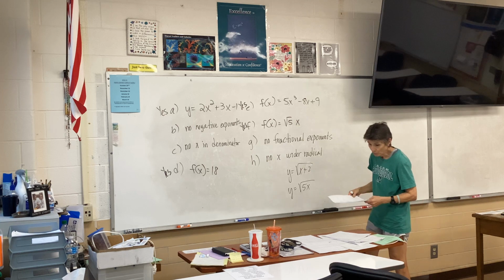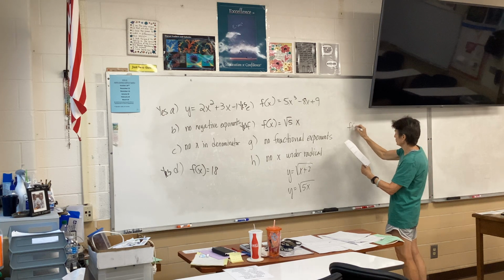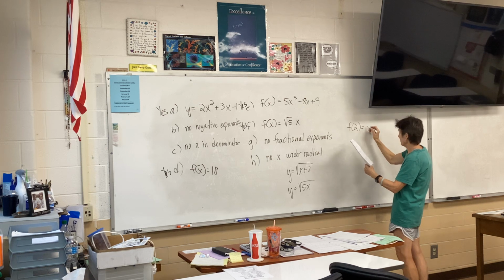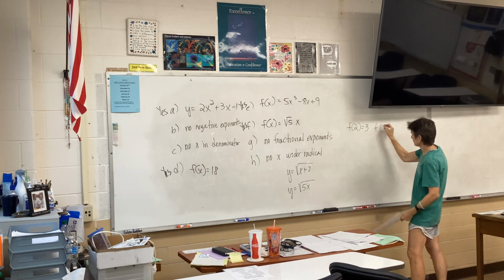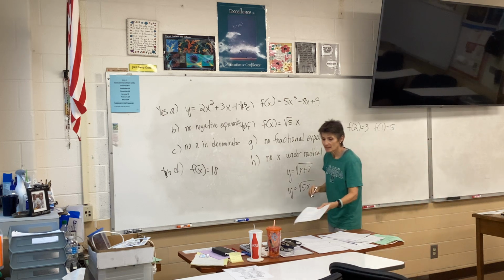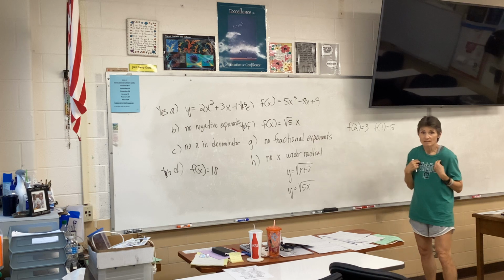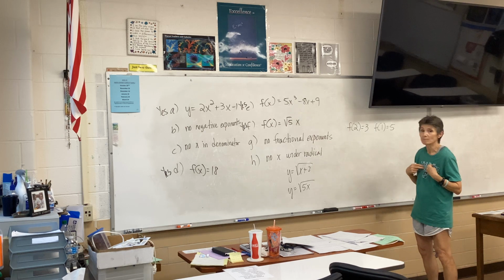All right, number 2 says, write the equation of the linear function if f of 2 is 3 and f of 1 is 5. Now, you're not going to believe this, but you've already done this problem many, many times. Even without me this year, we've done this problem.